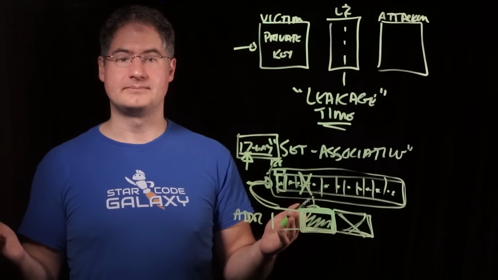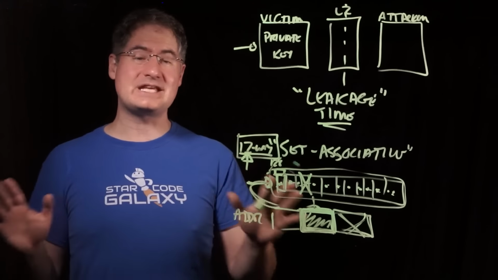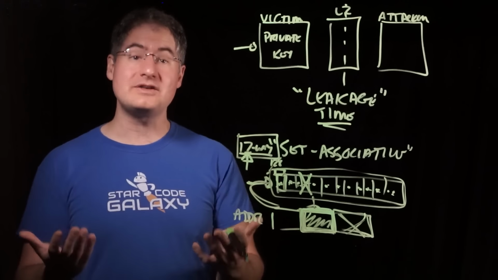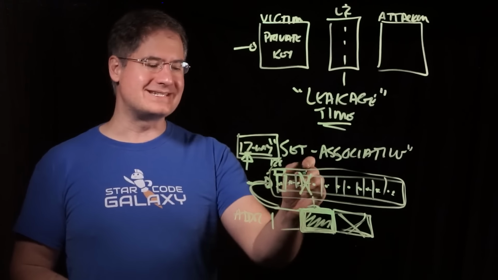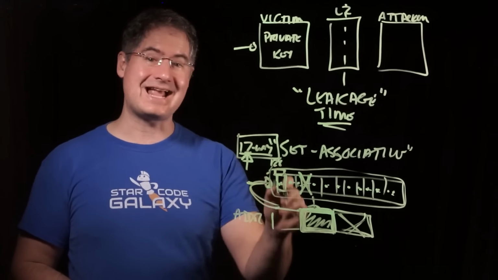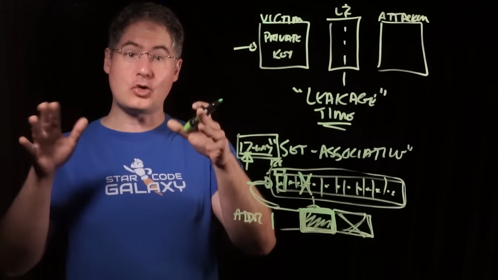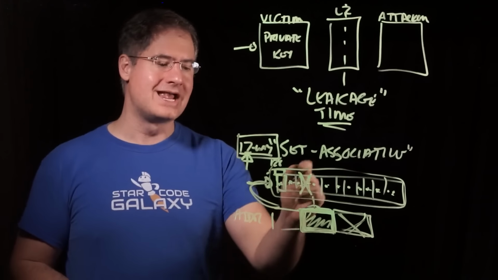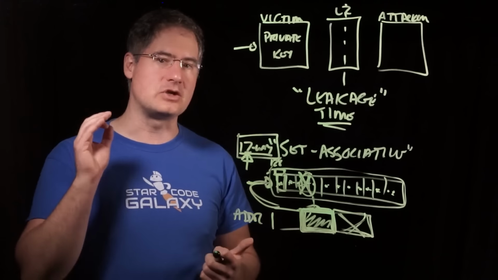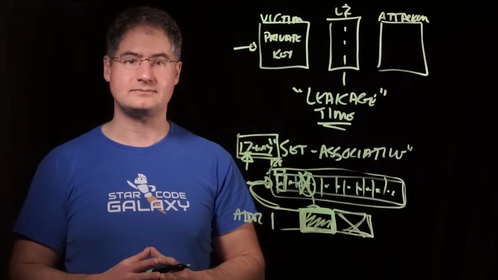And we can measure that. So all of a sudden, the victim process, which thinks that it wasn't doing anything observable just by accessing some memory, actually was doing something observable. It was knocking a line out of a particular cache set that an attacker had controlled, and the attacker can see that getting back its controlled data takes a little longer because at least one of them, possibly more, has been evicted. And that's the only piece of information it really needs at that point. It knows you did something.